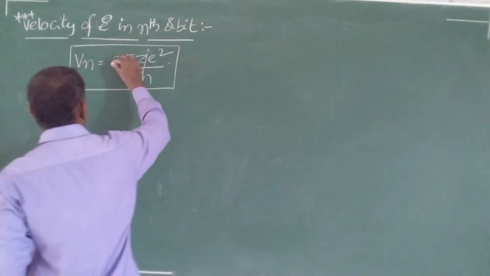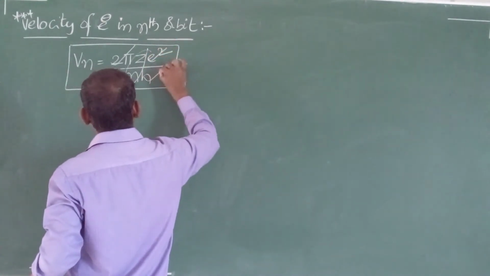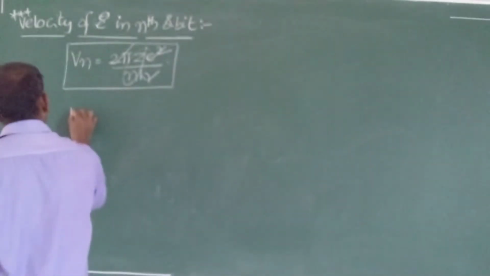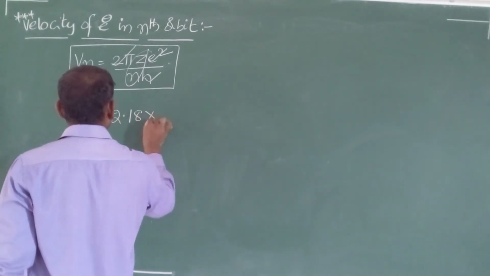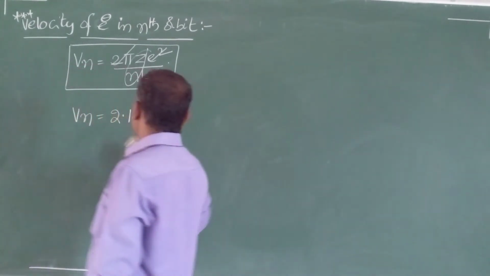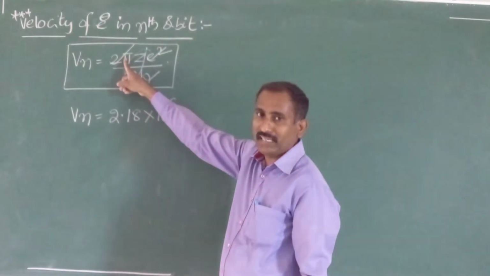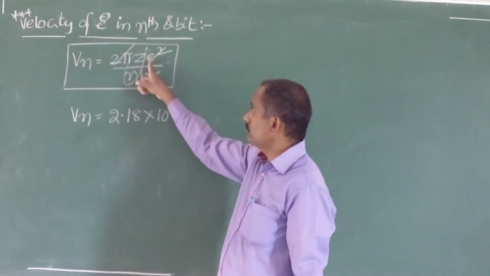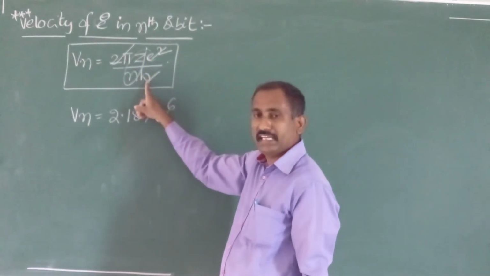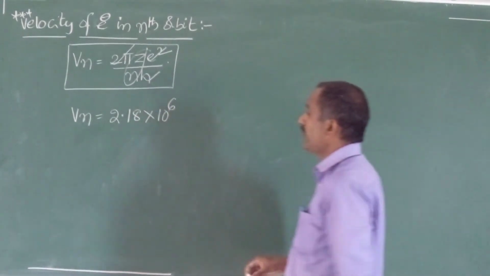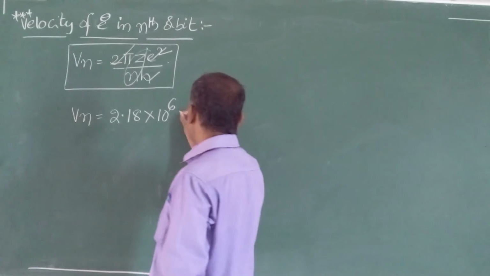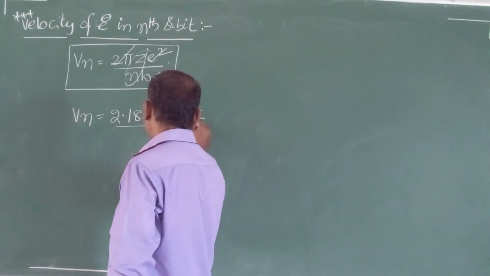If you substitute these constant values in this formula, you will get the velocity of the electron as 2.18 into 10 power 6 into Z by n.